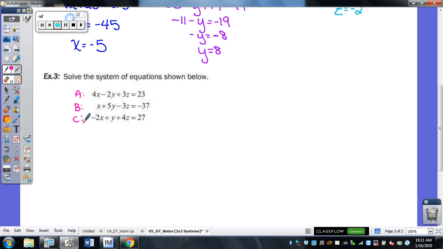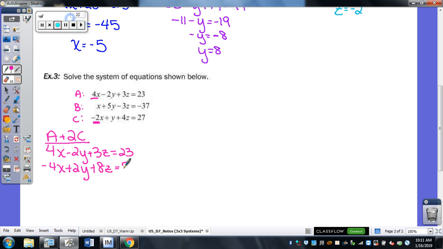So for x's, this 4 and this negative 2 are sticking out in my head because one's positive, one's negative already. And how do I make a 2 turn into a 4? Multiply by 2. So I'm going to do equation A plus 2 times equation C. And 7 times 2 gives me 54.